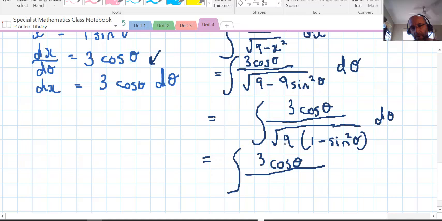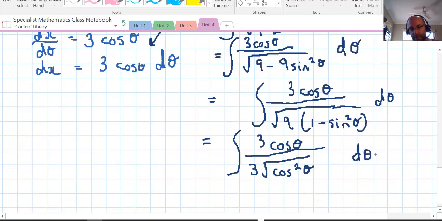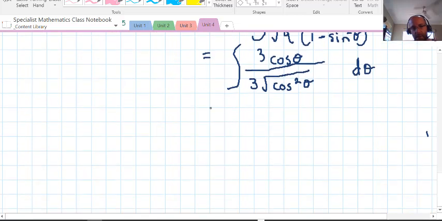Part of it is the square root of 9, which we can write as 3. And we can write 1 minus sine squared theta, using the Pythagorean trigonometric identity, as cos squared theta. So it's still got the square root on it. I've already taken the square root of the 9 to get that 3 there. And we can divide through top and bottom by 3. It's always satisfying, and we've got cos theta.